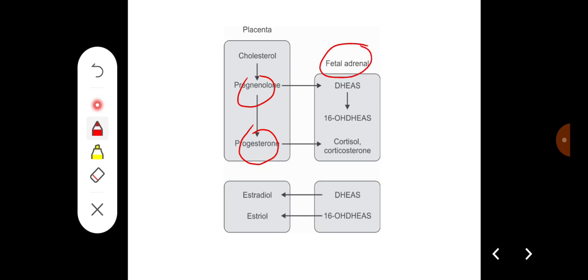They get converted into DHEAS and 16-hydroxy DHEAS, and from the progesterone they are able to produce cortisol and corticosterone because they have the needed enzymes in the fetal adrenal, whereas the placenta helps in the production of estradiol and estriol, which use the DHEAS produced in the fetal adrenal as a substrate. So thus the fetoplacental unit helps in the production of estrogen and progesterone mutually.